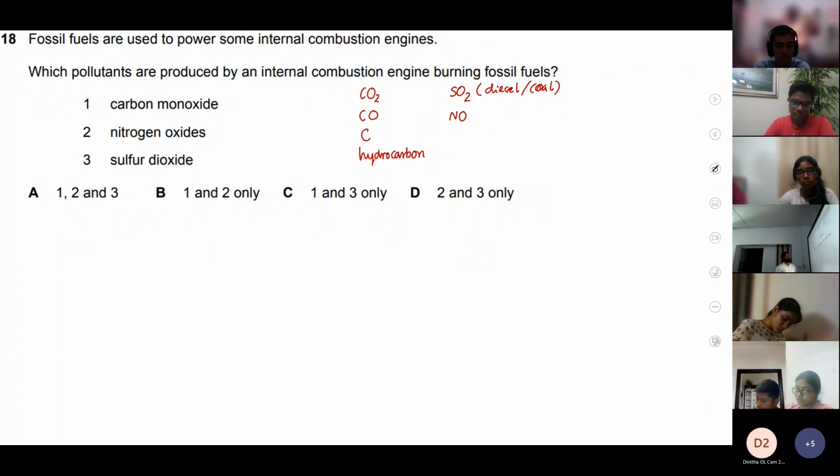Right. Carbon monoxide, yes. Nitrogen oxide, yes. Sulfur dioxide, yes.